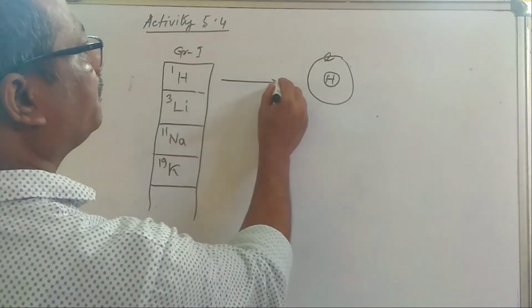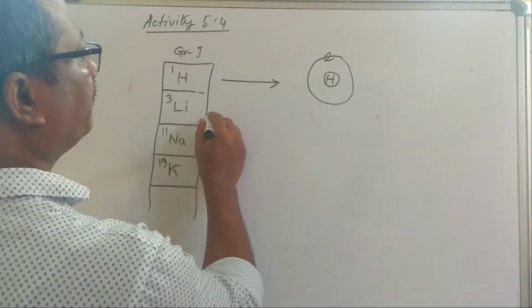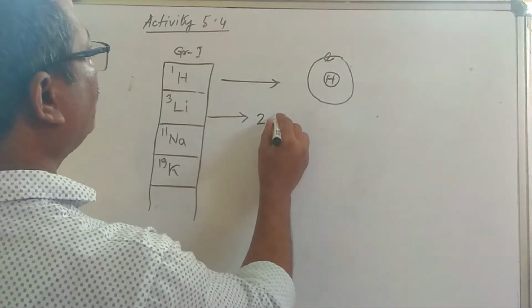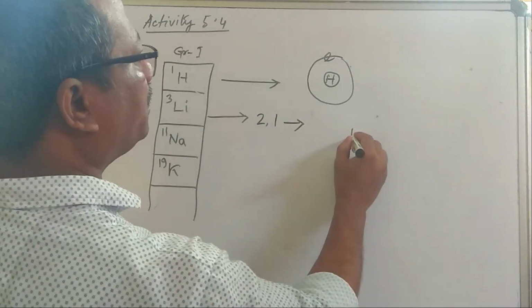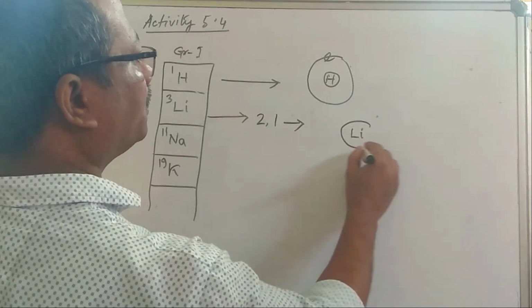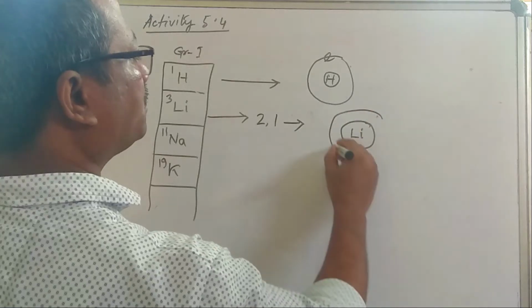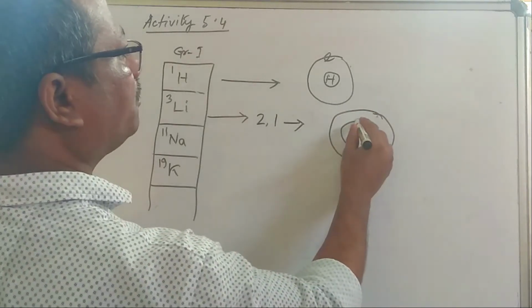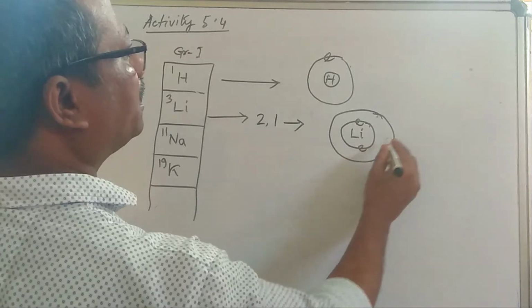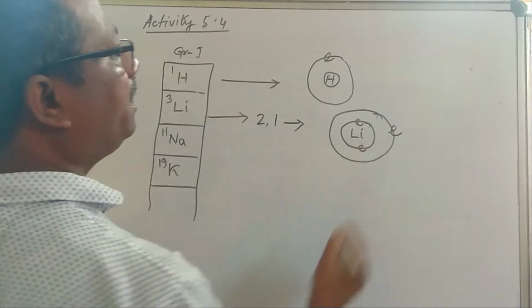Lithium, atomic number 3: the first orbit and second orbit are needed. In the first orbit there are 2 electrons, and in the second orbit there is 1 electron.